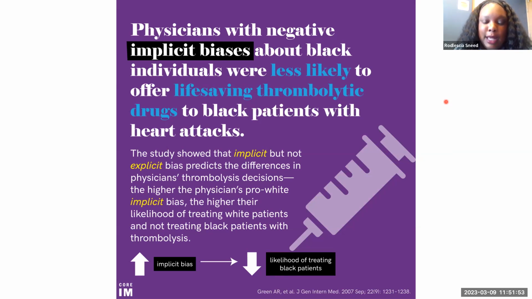So these biases that we're really not aware of seem to predict how we provide treatment and care to people of other races, even more than the values that we actually state out loud. That's why implicit bias is really important to think about: it's something we're not aware of, but that happens all the time, and it directly impacts how we provide care to other people. Let's look at another study.